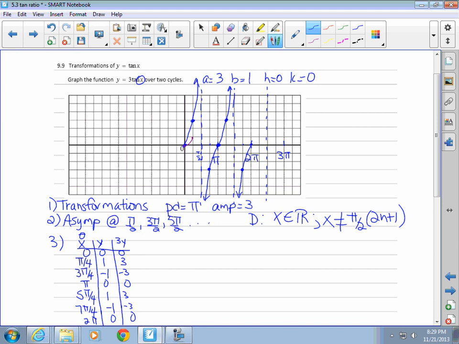And we should actually be including here that n is an element of integers. We're only using positive and negative whole numbers, not any rational numbers in there. Your range, y is an element of real numbers. Equation of the asymptote is, again, just this with an equal to. X is equal to pi over 2 times 2n plus 1.